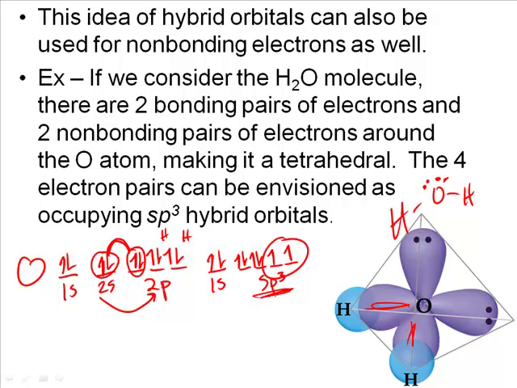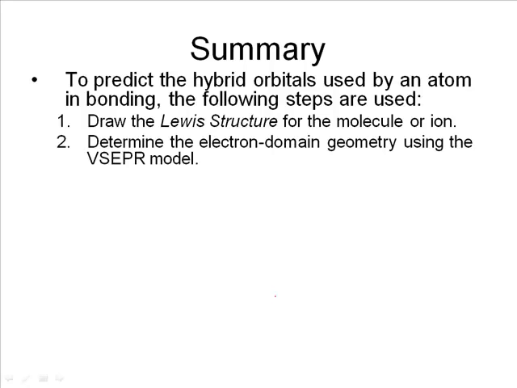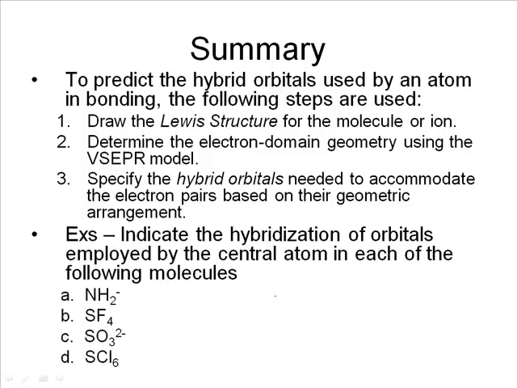And they're all at the same energy level, therefore making the bonds and the non-bonding pairs equivalent in terms of energy. Now, having said all that, summary. Easiest way to determine hybridization: draw the Lewis structure. Determine the shape based on the VSEPR model. Specify the hybrid orbitals needed, looking at the bonds and the non-bonding pairs. Now, what that means is it's usually really simple.